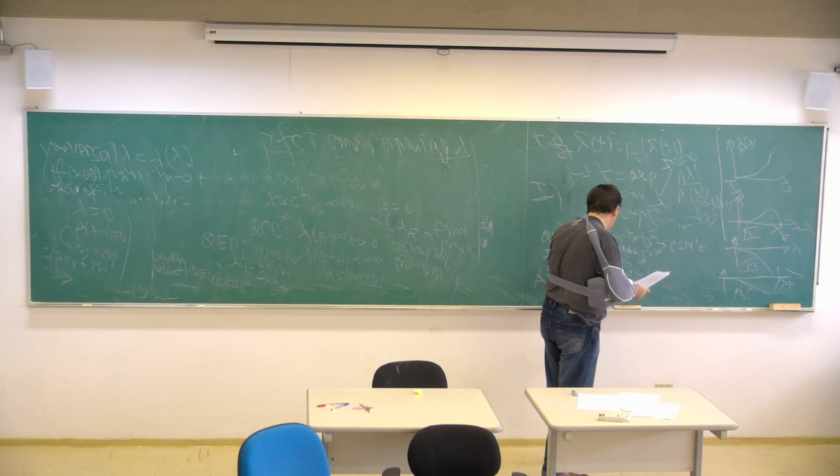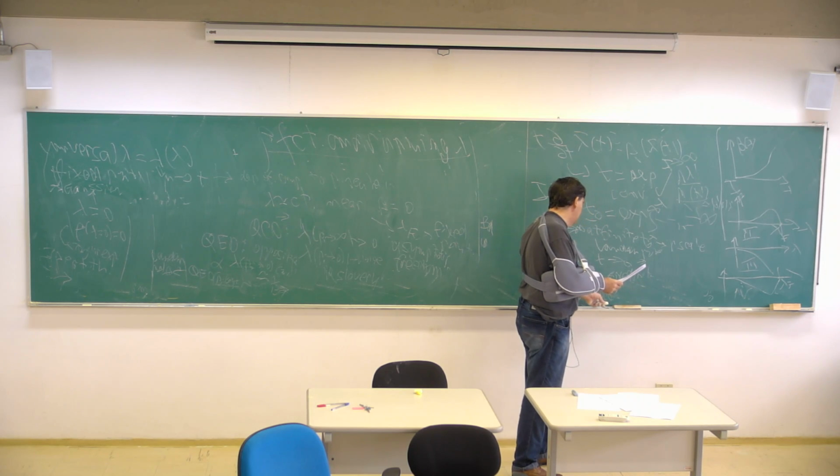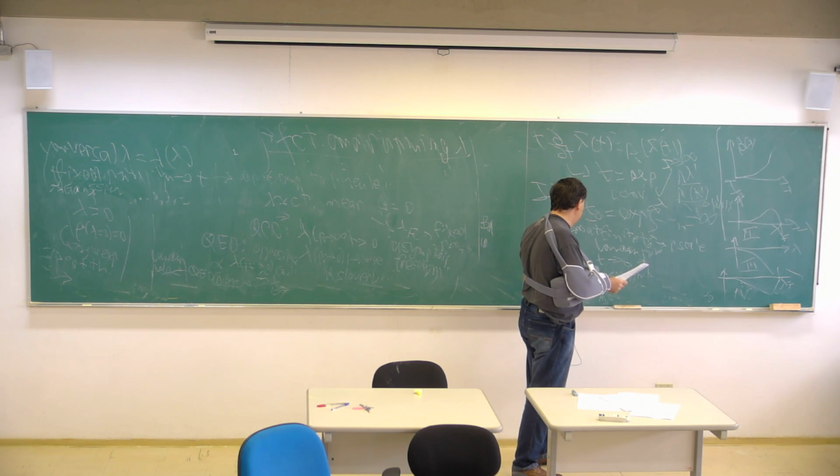Let me think about this one. If mu decreases, then lambda also decreases. So you are driven towards the fixed point, which is lambda going to 0.